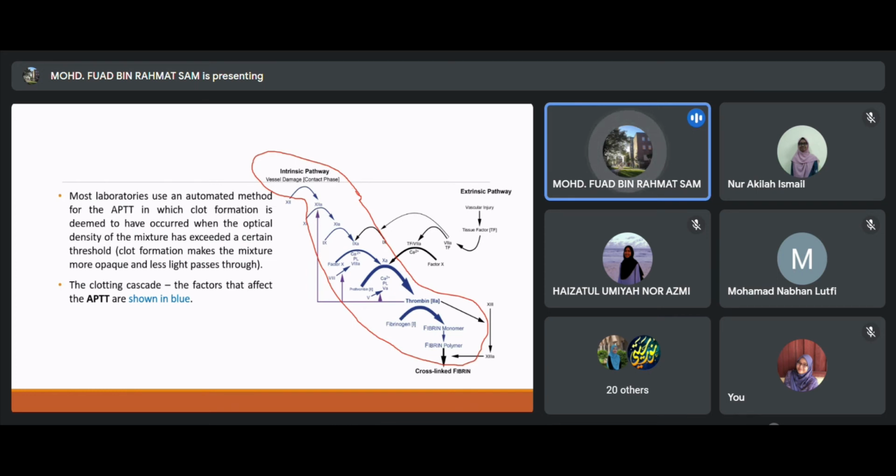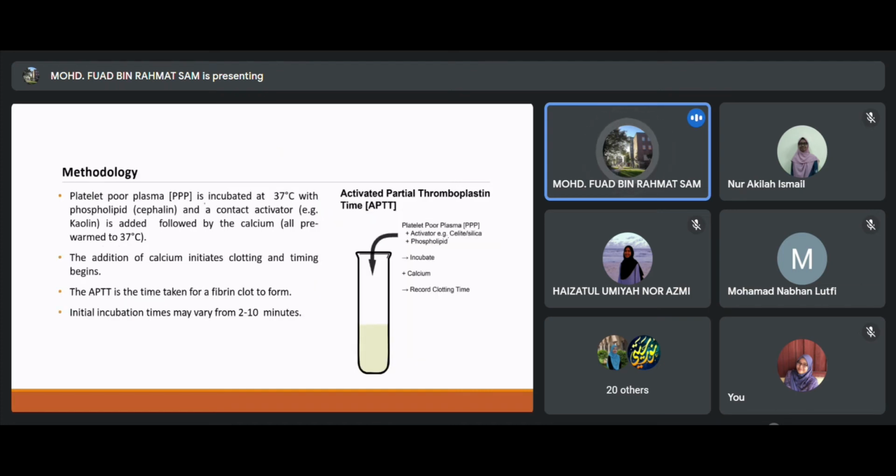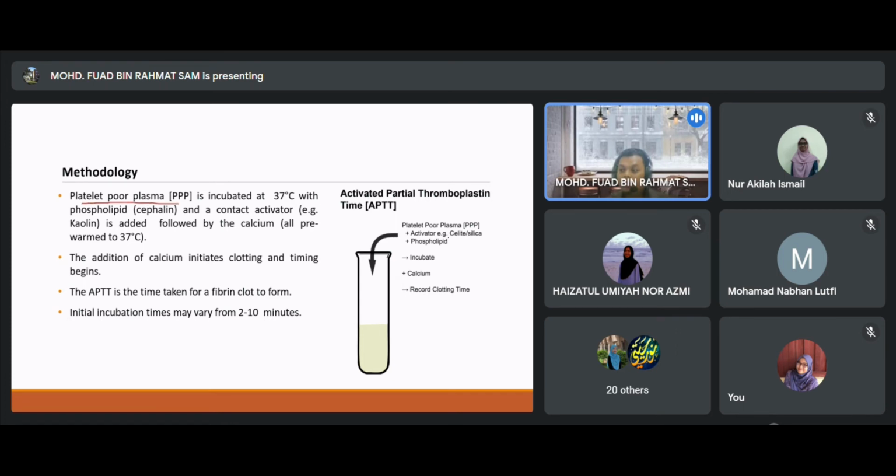So how do we perform this APTT in the lab? For the methodology, the APTT test uses blood which is decalcified. The reason for decalcification is to prevent clotting before the test begins. Because if we collect blood and it has already clotted, the work is wasted. So we decalcify to prevent clotting before the test begins, and the plasma is separated by centrifugation. We still use the PPP sample, the platelet poor plasma.